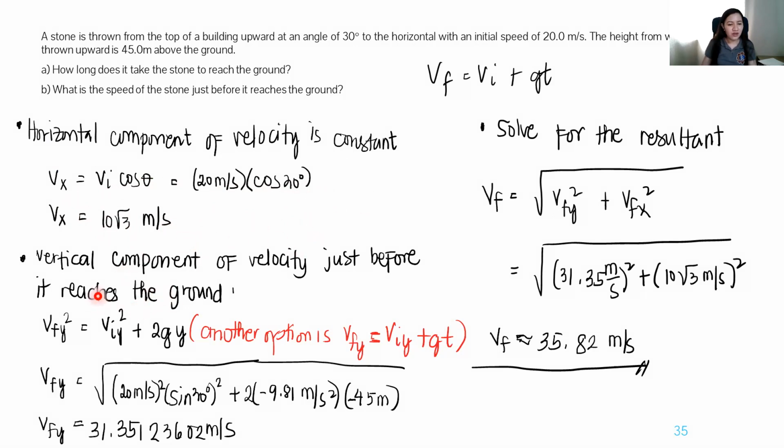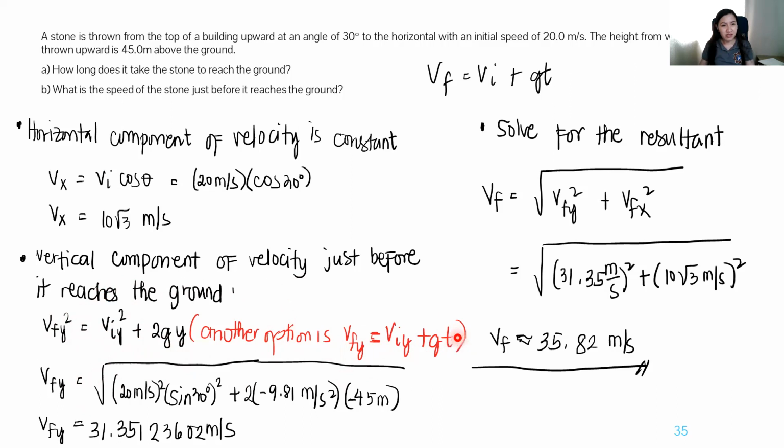Okay, and then we'll now be looking for the vertical component of the velocity just before it reaches the ground. We can use this formula, Vf squared equals Vi squared plus 2gy, or you can also use Vfy equals Viy plus gt. This is another option, and it will definitely give you the same answer.